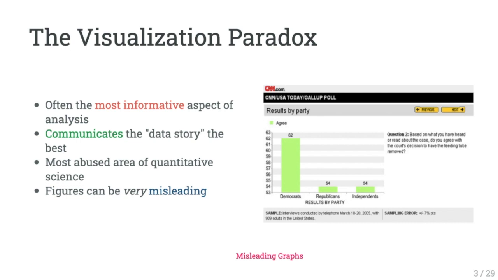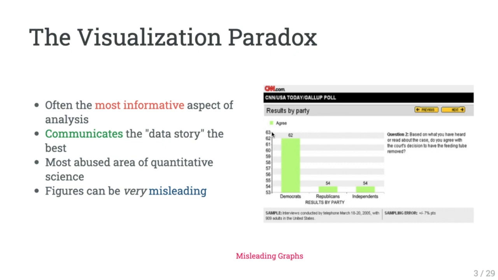So for example, if you just look at this right here on the side, we have Democrats, Republicans, and Independents. And if you look at this plot, your first impression is Democrats are like 10 times higher than Republicans and Independents. But it turns out they're starting at 53 and going up to 63.